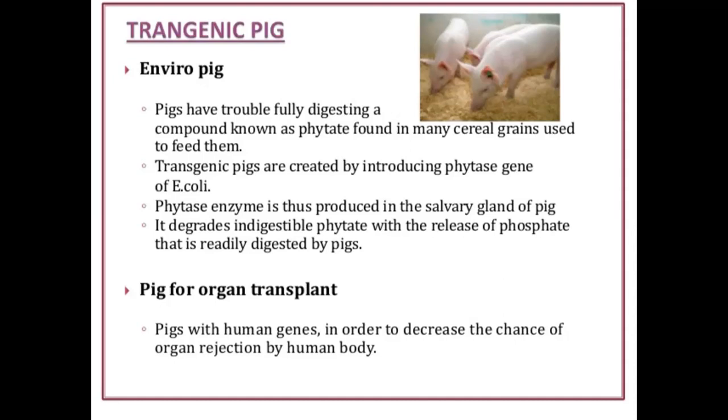Then pigs are also used for organ transplantation. Pigs with human genes are made in order to decrease the chance of organ rejection by the human body. For example, if a patient has kidney failure, doctors advise kidney transplantation, isn't it?